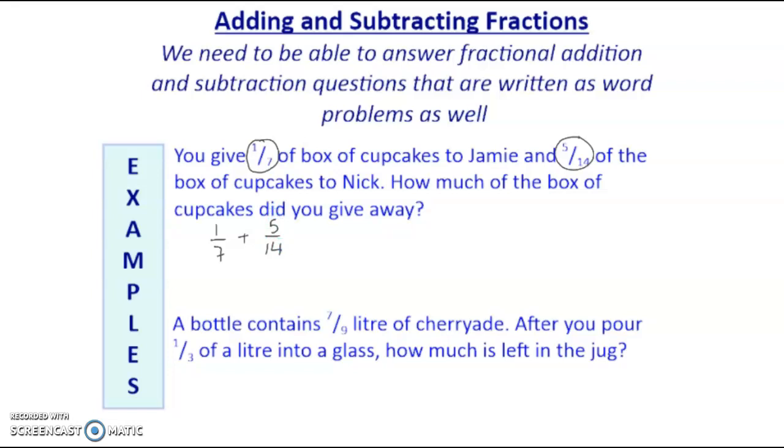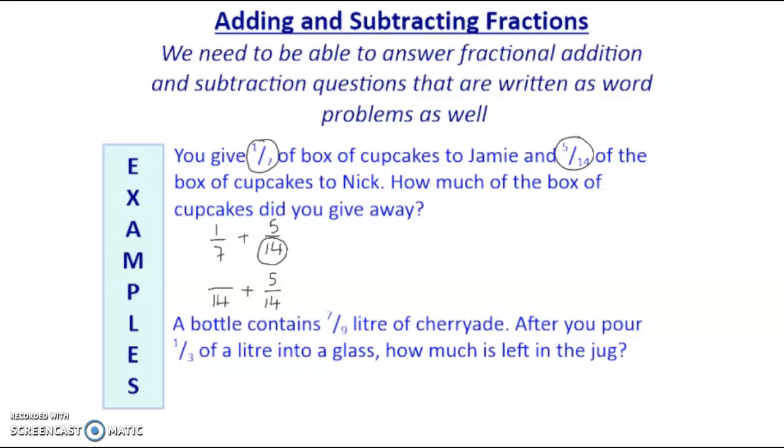So I need to choose the larger denominator, which is 14, which means 5/14 is going to stay the same. And it means 1/7 is going to change to something over 14. Using my equivalent fractions, what do I do to 7 to get to 14? What do I times by? Tell me.